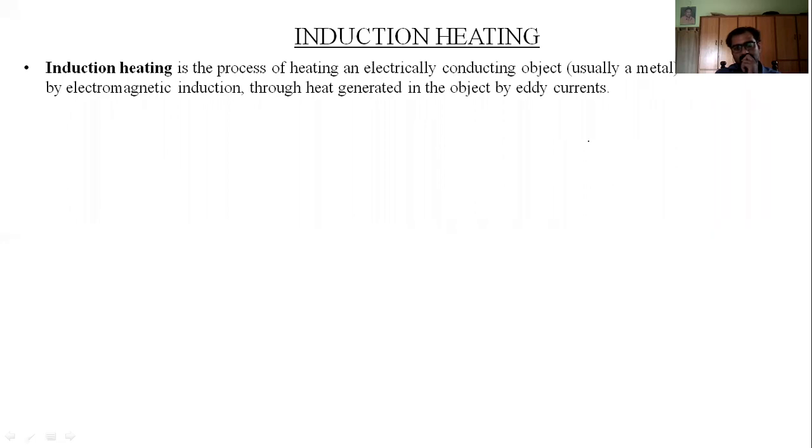So this is the process: we make currents pass through the metal, induced by the electromagnetic action. This electromagnetic action takes place in the material to be heated up. All this is done by the eddy currents.